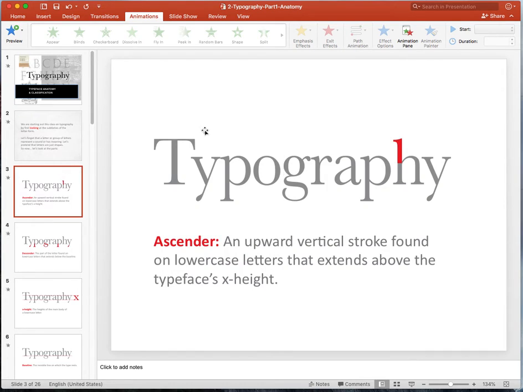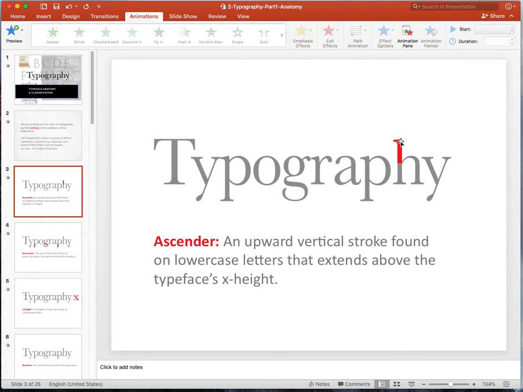Here we go. I'm going to use the word typography as an example because, frankly, it's a good example of a lot of different types of letters. Okay, first of all, ascender, kind of obvious. It's anything that really pokes up. See the H? Okay, the T is not considered an ascender. That's a capital letter.